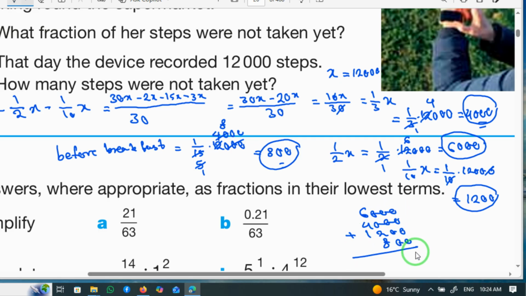Now we add 0 by 0. We have 0, 0. 2 plus 8 becomes 10. We have 1. 1 plus 6 becomes 7. 7 plus 4 becomes 11. 11 plus 1 is 12. So the total number of steps taken that day is 12,000. That's completely right.